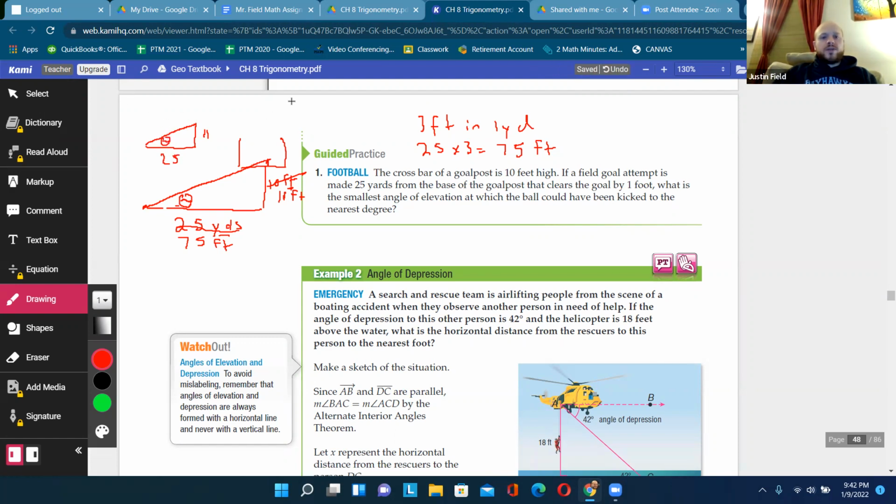The symbol that I've drawn looks like a little egg with a little squiggle in it, and that is the Greek letter theta. In math, we use x a lot for a variable. Sometimes I put an x in there, but a lot of times when you are looking for an angle, mathematicians use theta. So let me introduce you to theta.